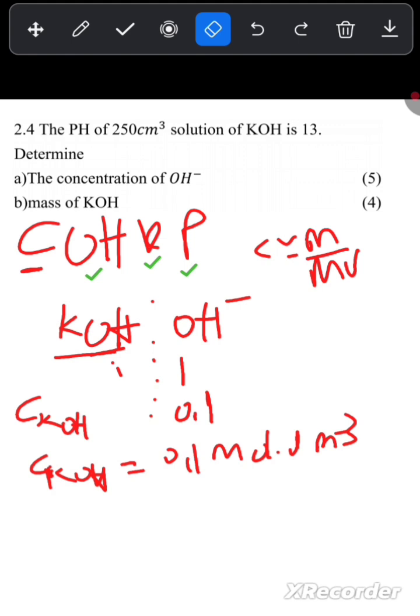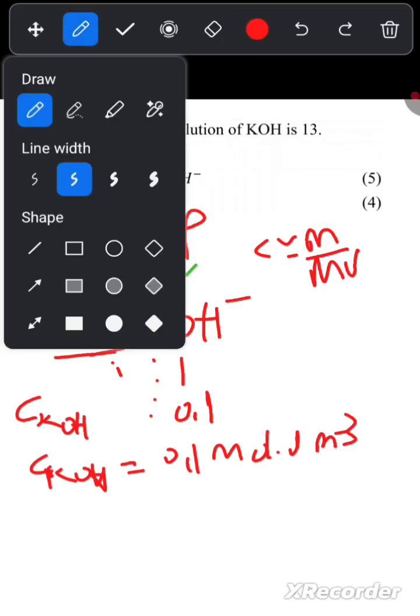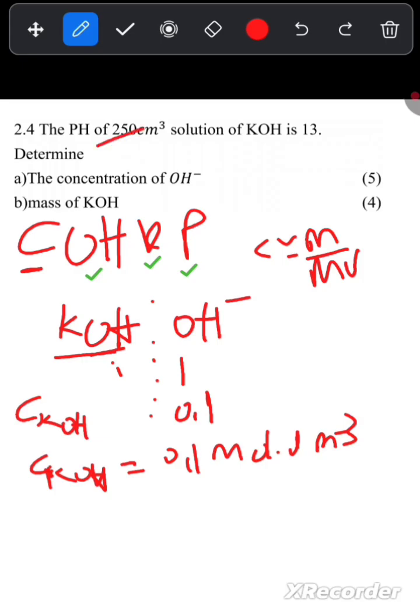Now this volume must be divided by 1,000, and it will form 0.25 volume.